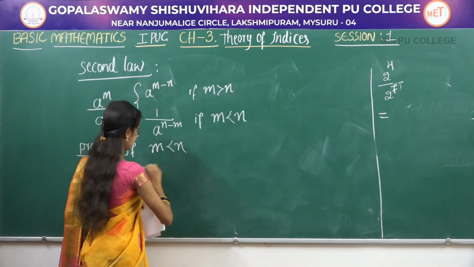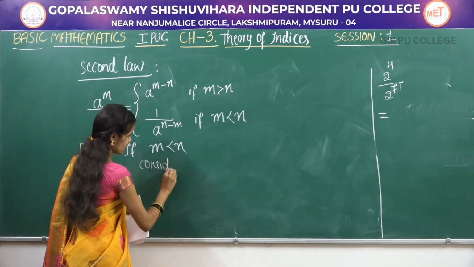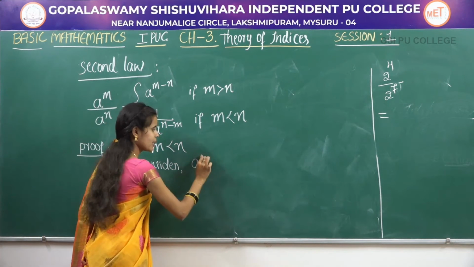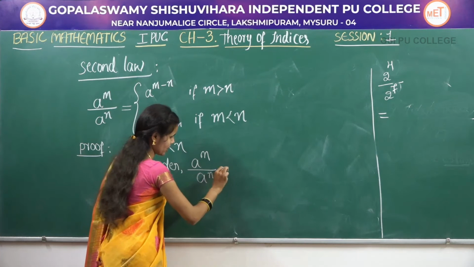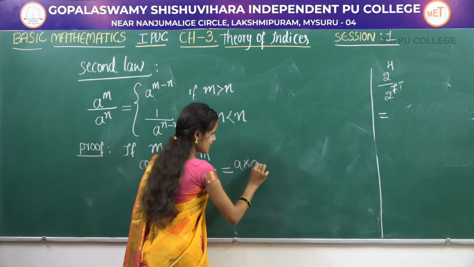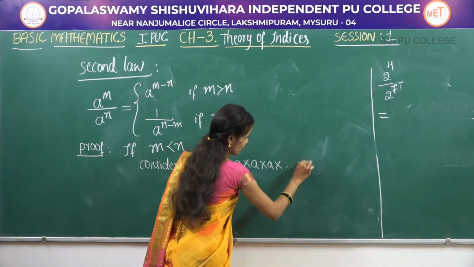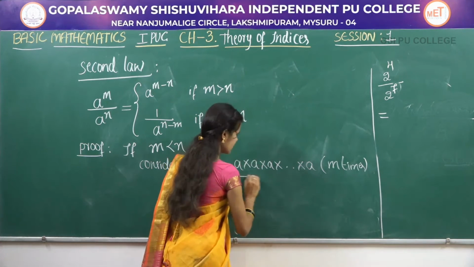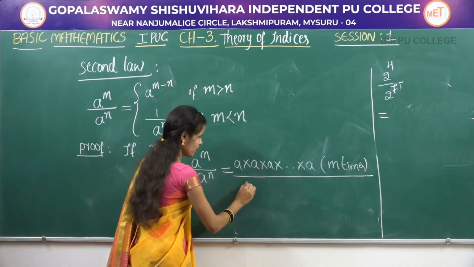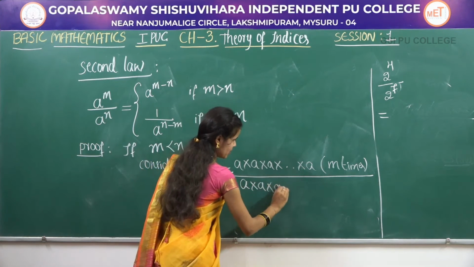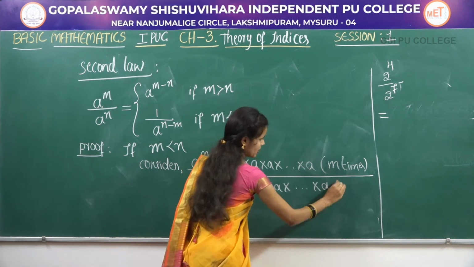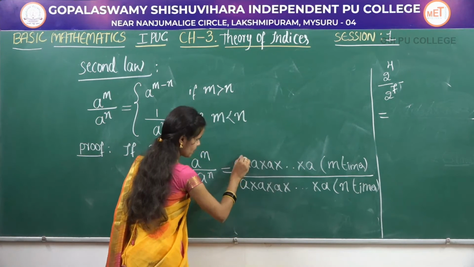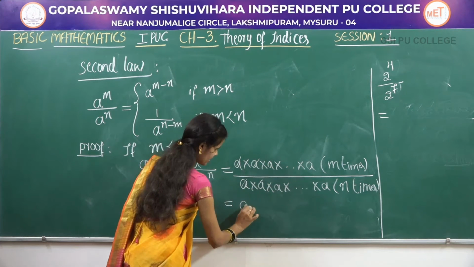So consider a to the power of m divided by a to the power of n. a to the power of m can be written as a into a up to a, m times, divided by a to the power of n, which means a into a up to a, n times. So the remaining terms.